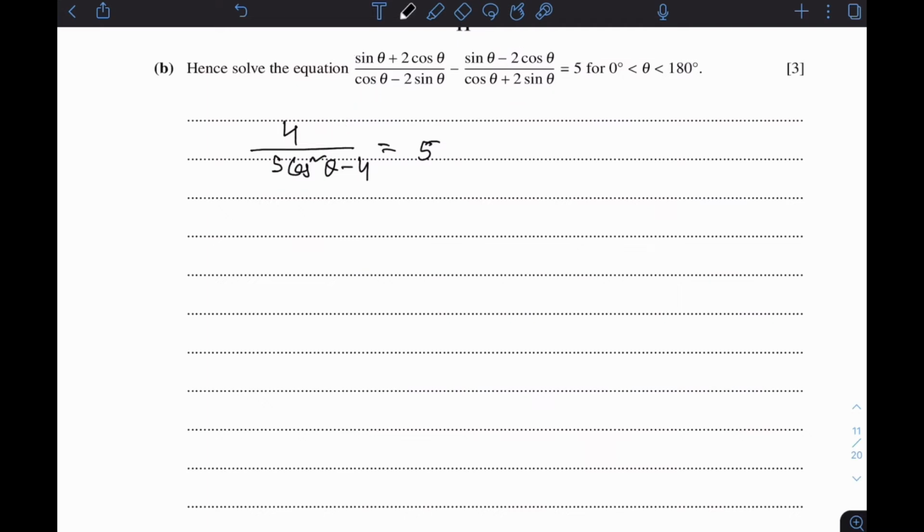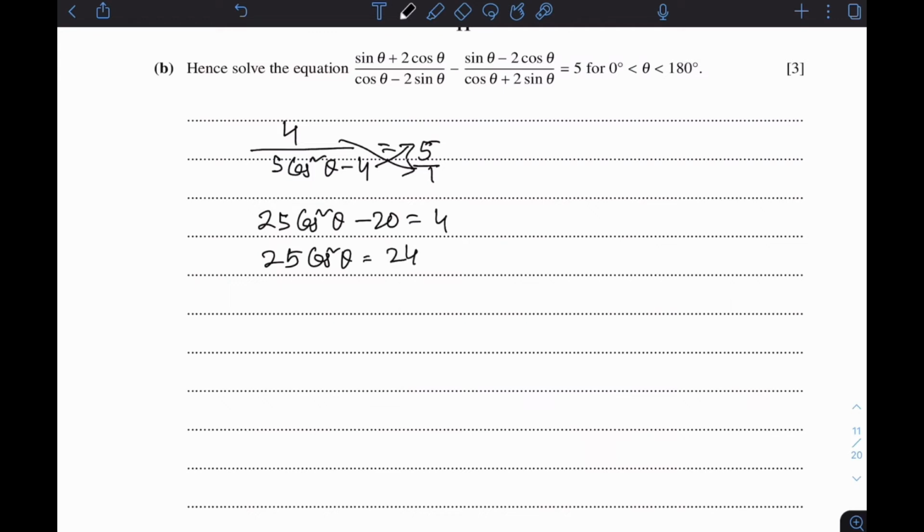Now let us do some simplification, cross multiplication. 25 cos square theta minus 20 equals 4. Let me consider here 1. Now this is 24.